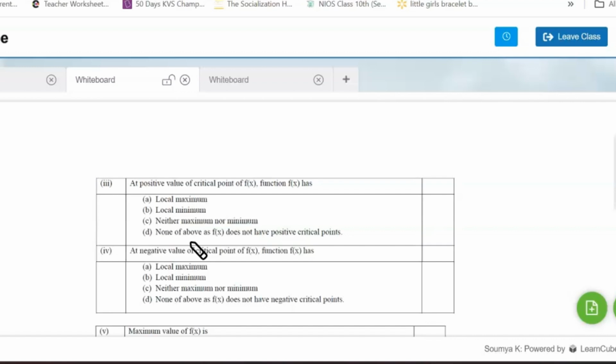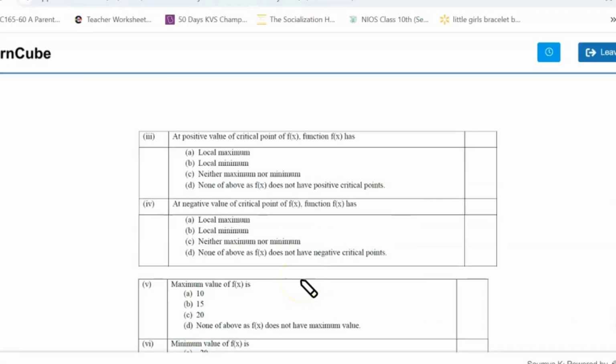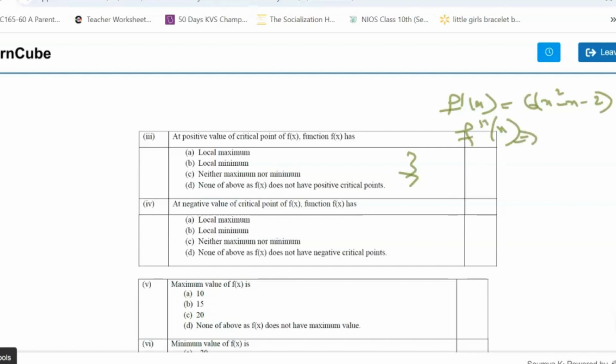To do this, first you have to find f dash x equal to 6 of x square minus x minus 2 equal to 0, and find f double dash based on this. Again find the derivative, that is 6 of 2x minus 1. So in that case you will have 12x minus 6.